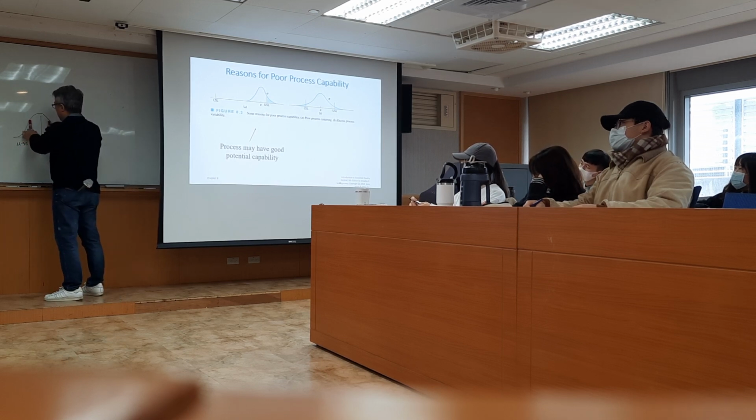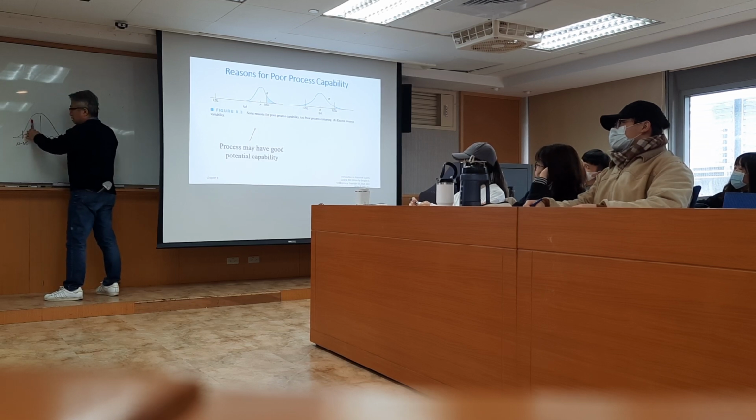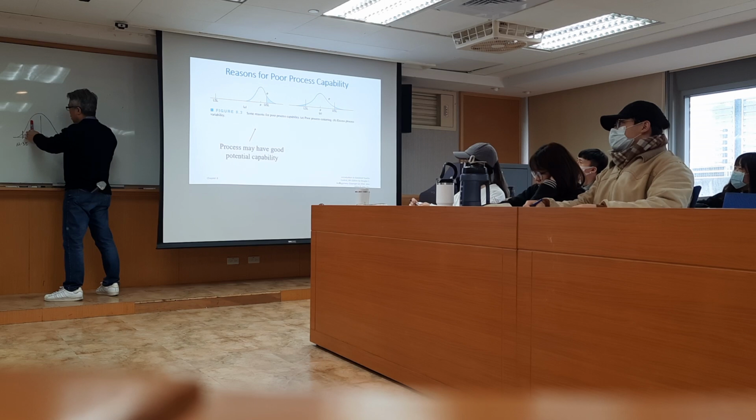Then, if the specification is like this, is the process capable? Yes or no? No. Even though on the right hand side most of the product produced stays within the limit, at the left side there's a big portion that falls outside the specification limit.